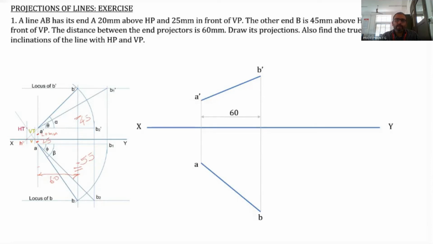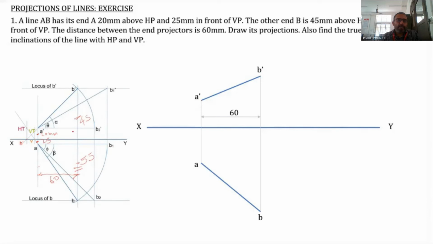Very simple. Now we have to find the true length and true inclinations of the line. In order to find the true length and the true inclination, see, here it is A dash B dash, and here also A dash B dash is there.